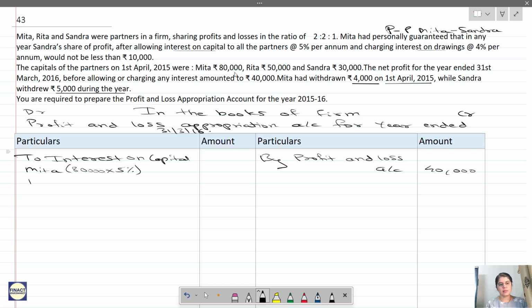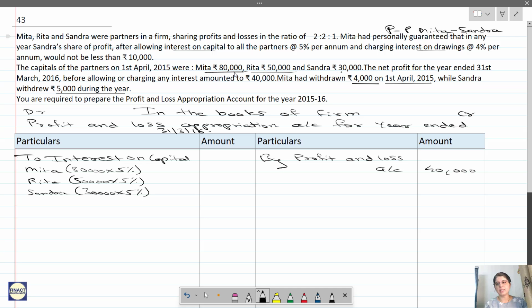Then Rita is 50,000 into 5%. Sandra is 30,000 into 5%. So we are charging interest on capital on these opening balances. Correct?